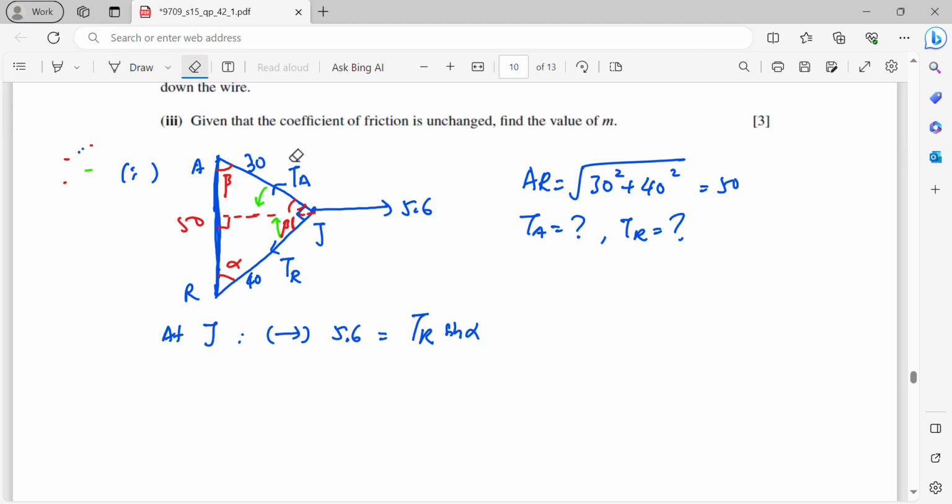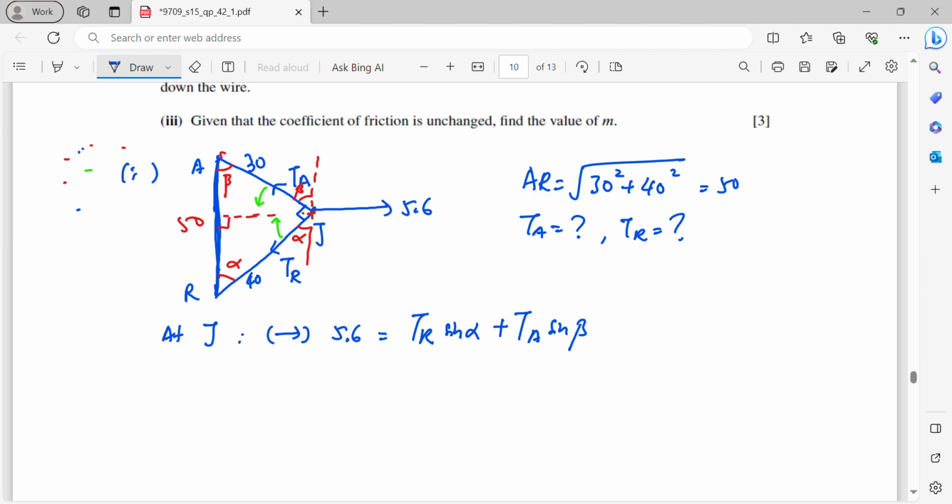Okay, if I don't want to label here, I will just say this is my alpha, and use the property of the angle, this is going to be my beta. Now, when I resolve the TR horizontally, I'm not using its own angle, but I'm using alpha. Therefore, I use sine. And then plus the TA, when you resolve horizontally, I'm not using its own angle, but I'm using beta. So it will be sine beta.